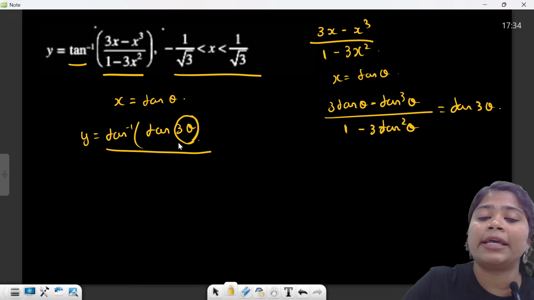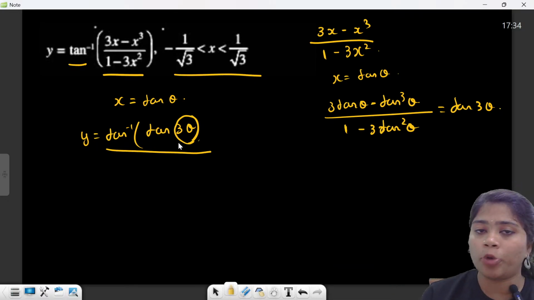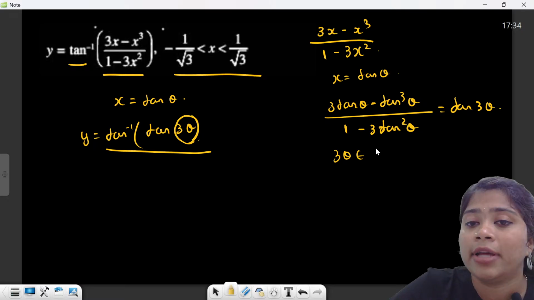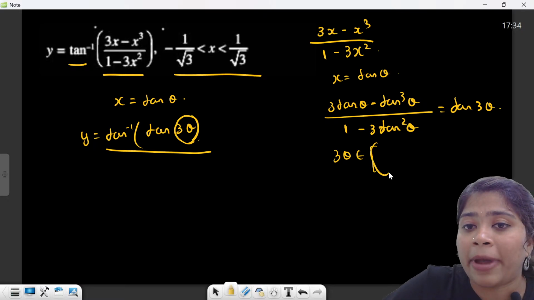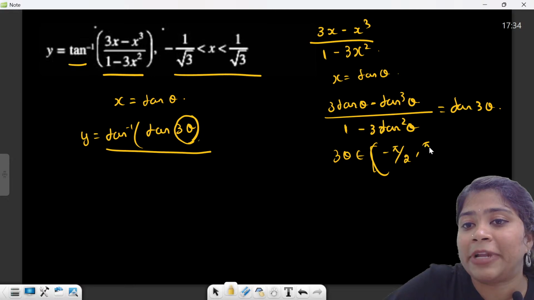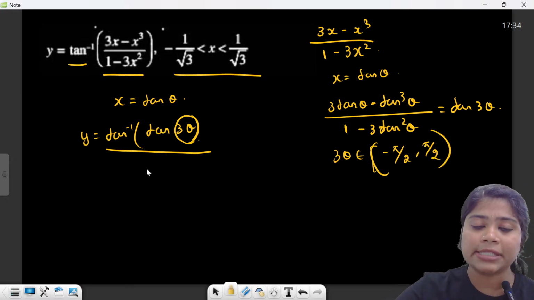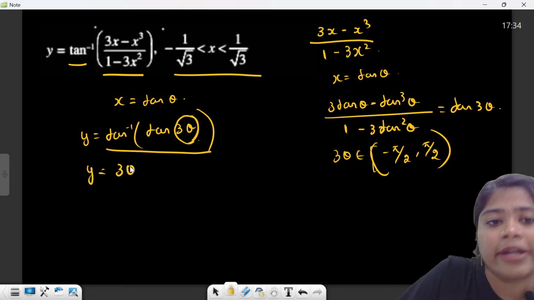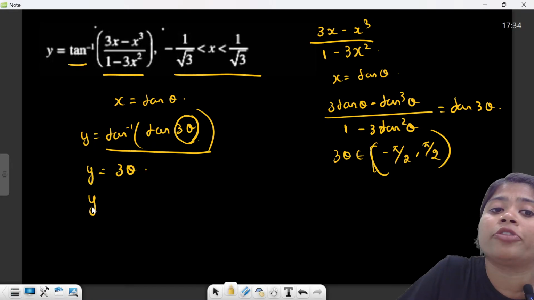This 3 theta will be in the range minus pi by 2 to plus pi by 2. Because of that, we can write y is equal to 3 theta here.